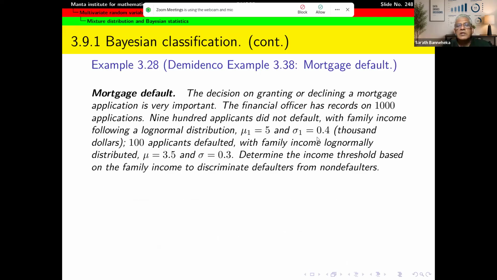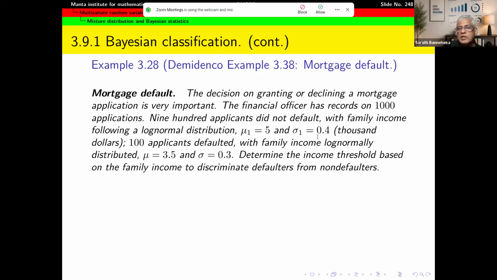And then we looked at another example where we wanted to predict whether a certain application for a mortgage would be a default applicant or non-default. So that is also a practical example. Based on about 1,000 mortgage applications and past experience, we knew some information: how many of those applicants were defaulters and how many were non-defaulters, and also we had information about their income distributions for the two groups.